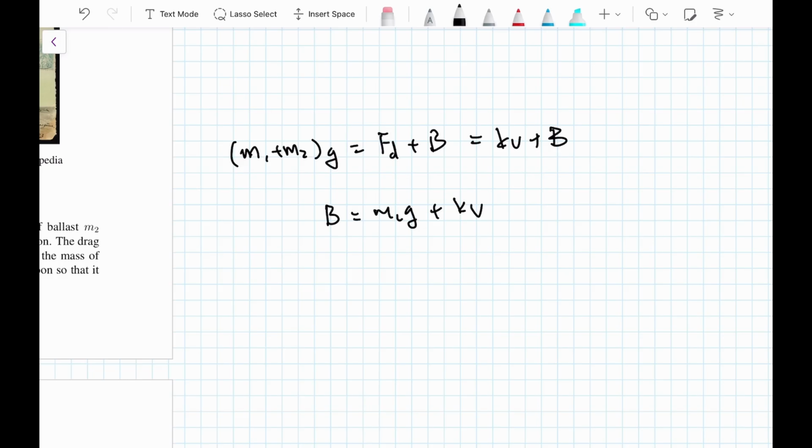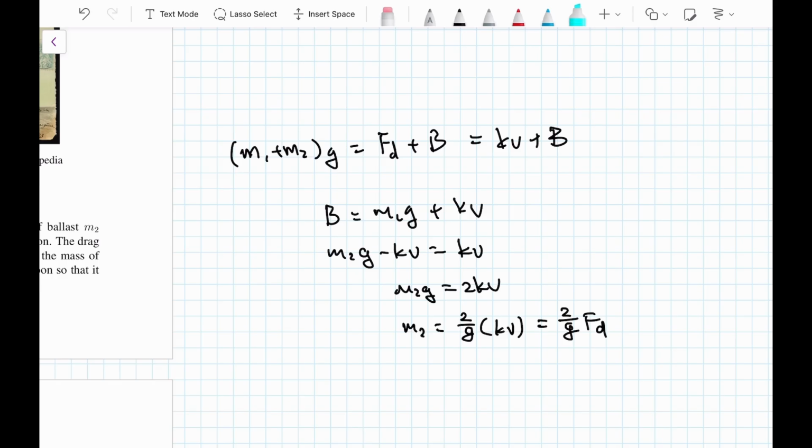If we subtract the equations, what we get is m2 g minus kv is equal to kv, so therefore m2 g should be equal to 2kv. So then we know that m2 is equal to 2 over g times kv, and kv is just Fd, so therefore it's 2 over g times Fd, and that should be the answer to the question.